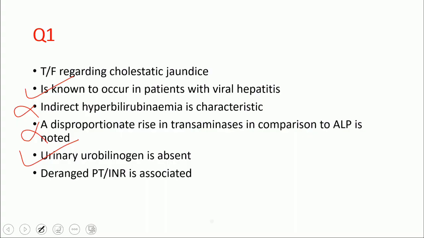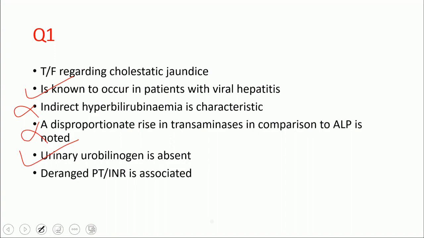But that is bilirubin diglucuronide or conjugated bilirubin. It is not urinary urobilinogen, right? So these are two things that you measure in the urine. The urobilinogen is absent, but if you measure the urine conjugated bilirubin or bilirubin diglucuronide levels, that will be elevated. That is because this conjugated bilirubin forming in the liver has no place to go, so it regurgitates into the bloodstream.